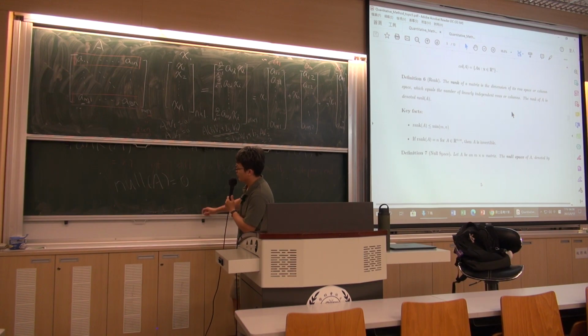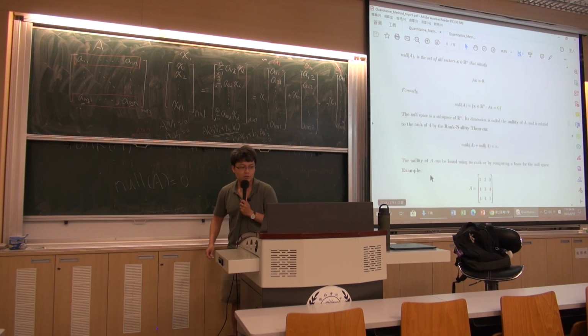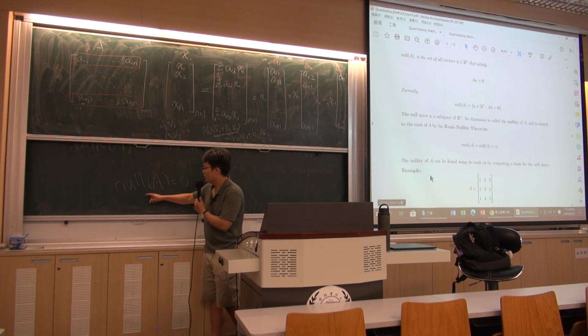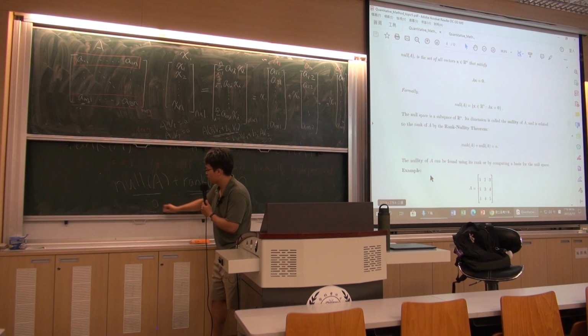First is by the theorem here, the rank and nullity theorem, we know that the nullity plus rank A will equal n, and we already know that rank A is n, so that implies this is 0.